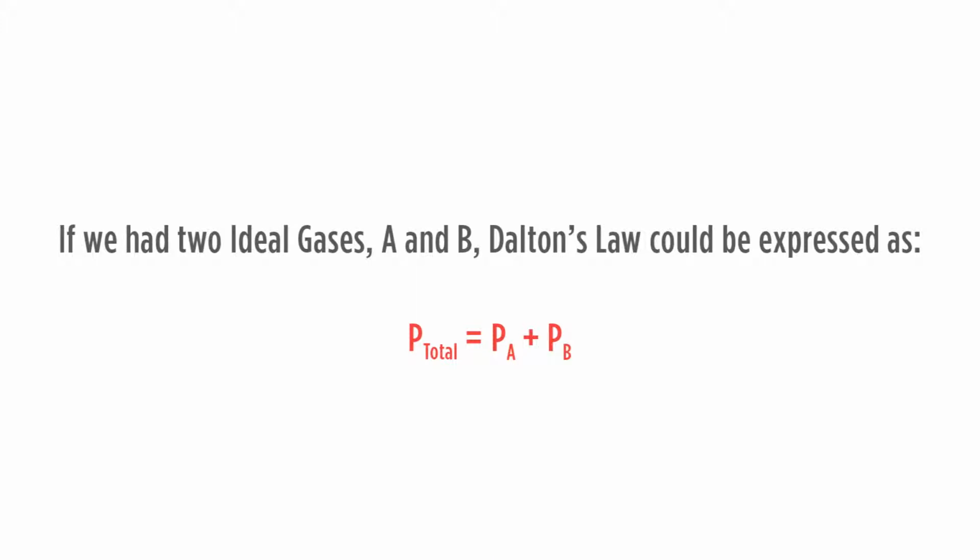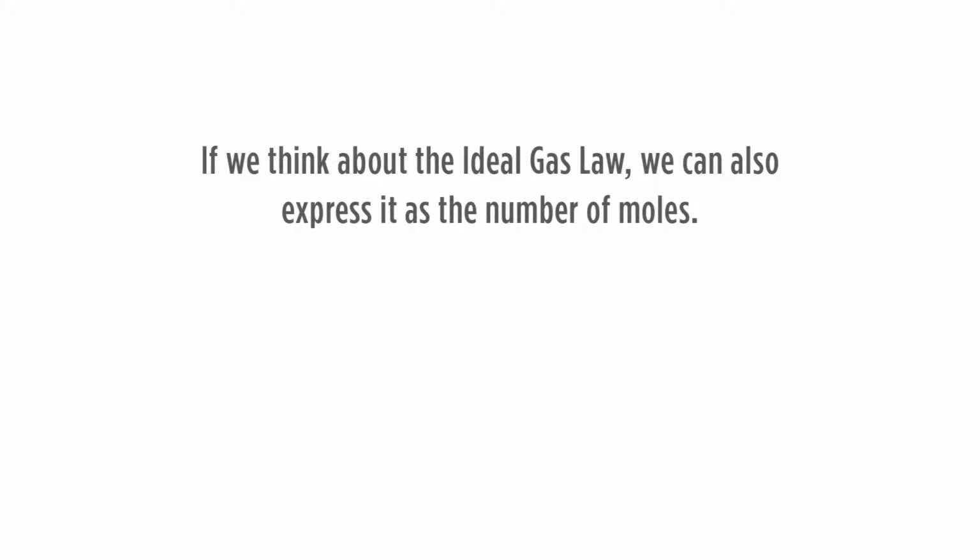If we had two ideal gases, A and B, Dalton's law could be expressed as P total equals partial pressure of A plus partial pressure of B. You'll often see Dalton's law expressed in this way. But if we think about the ideal gas law, we can also express it in terms of the number of moles.